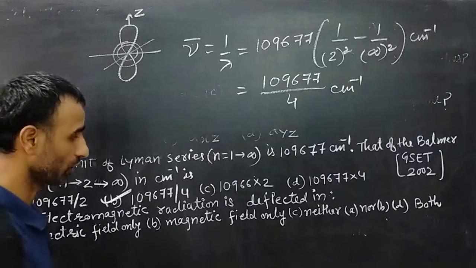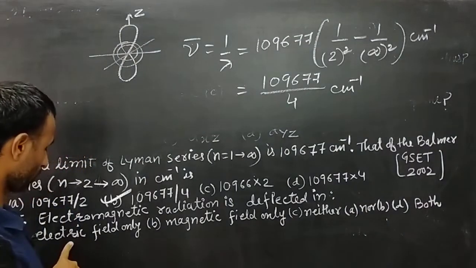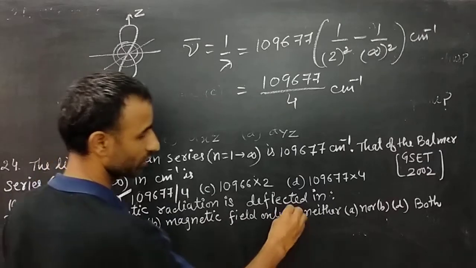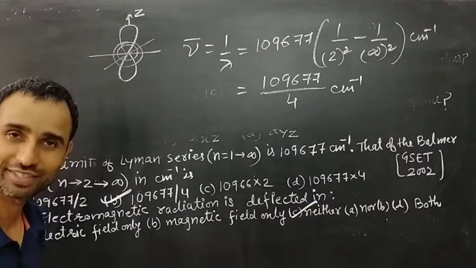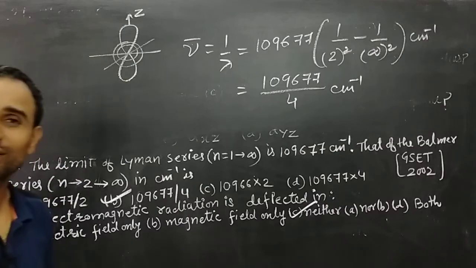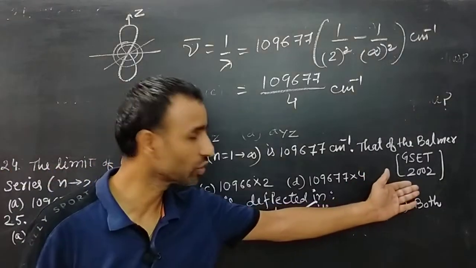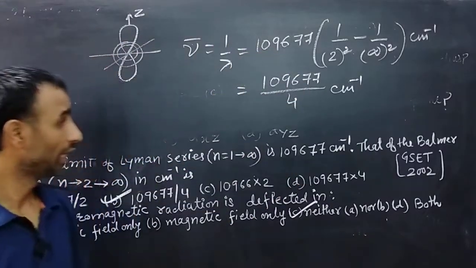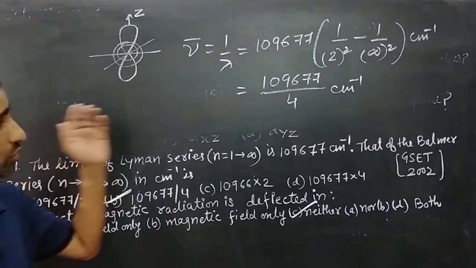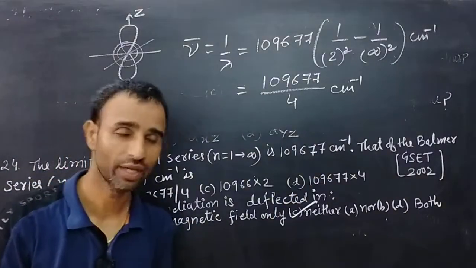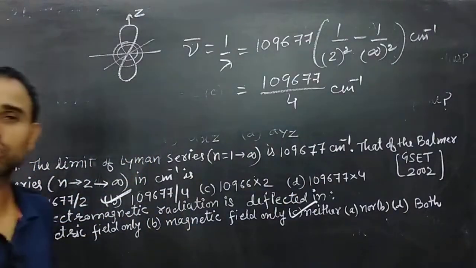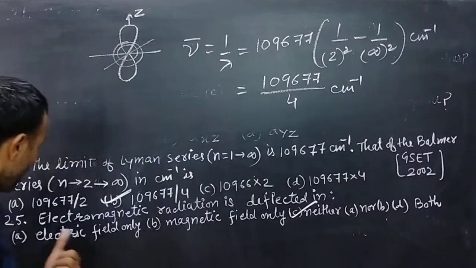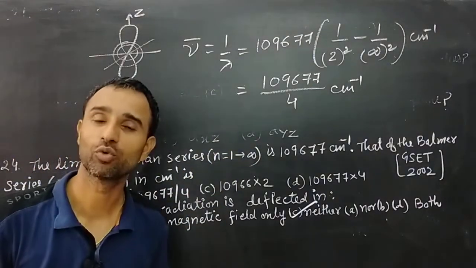Okay, so the first option is electric field only, magnetic field only, neither A nor B. So option C is correct. So that's all. These are the questions from GSET 2002. The 21st question was from 2004 and the 22nd question was from 2003, and these are the questions from 2002. The first two are from December 2002 and the last question from January 2002.